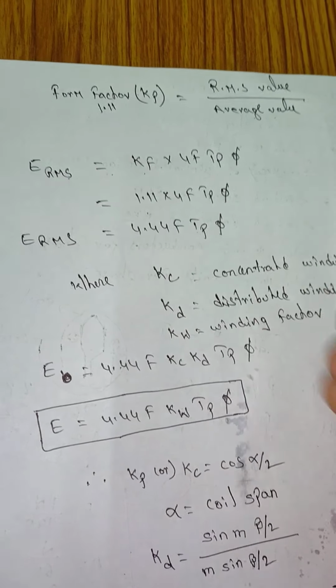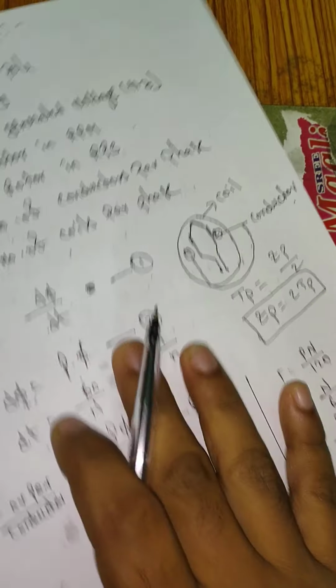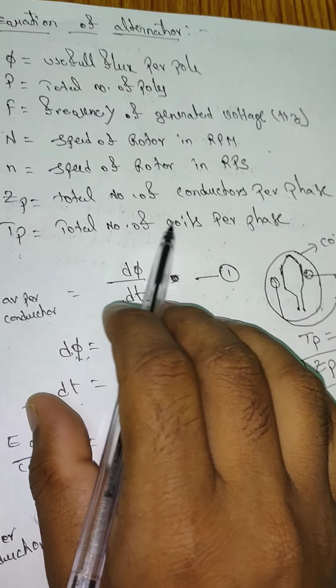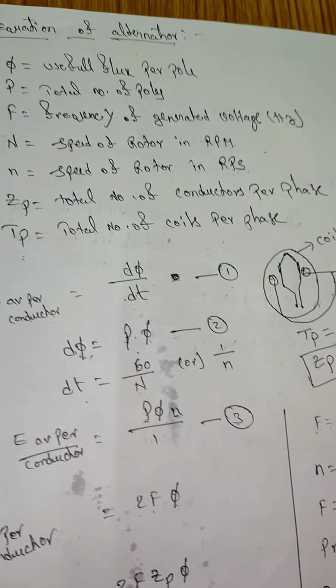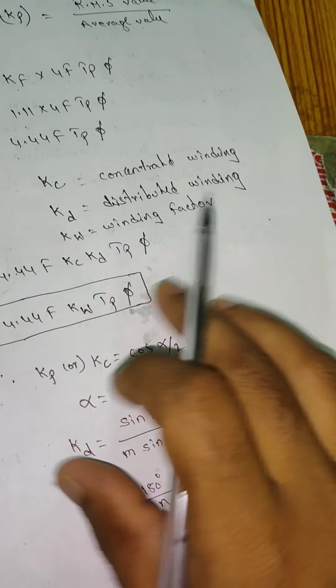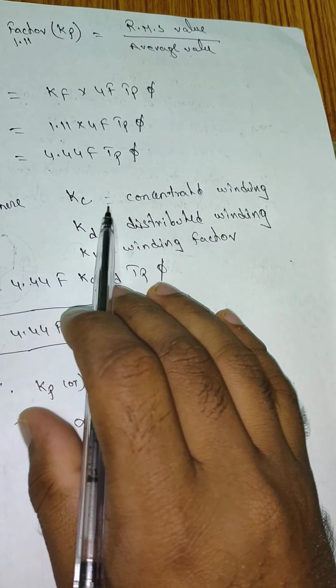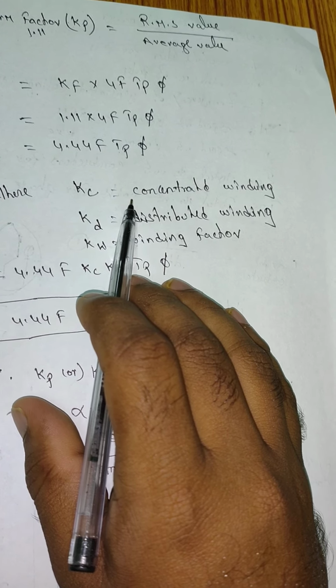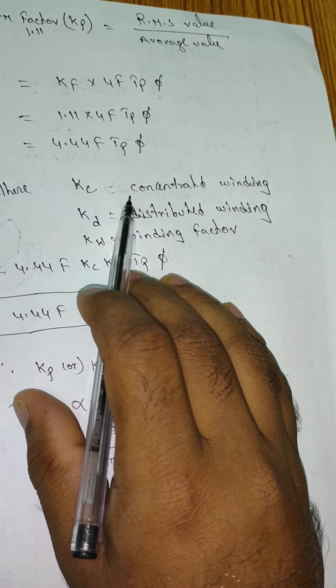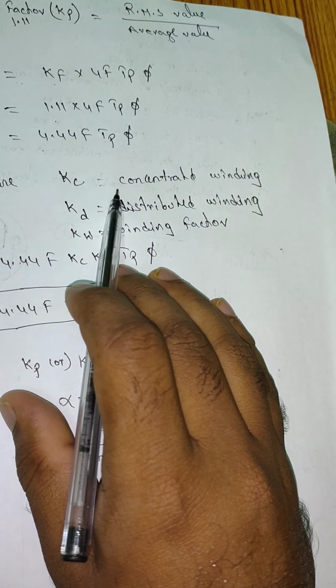Now this Tp is nothing but the number of coils per phase. Now in the coils we have two factors, the first one is Kc. That means in the machine we have two types of rotors.